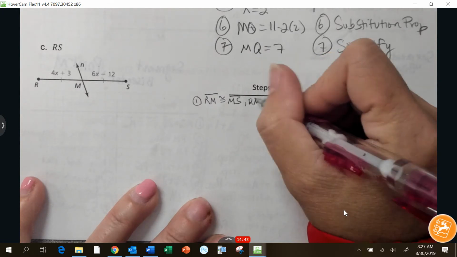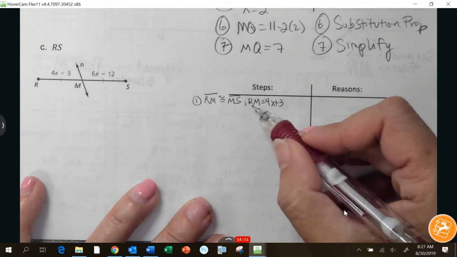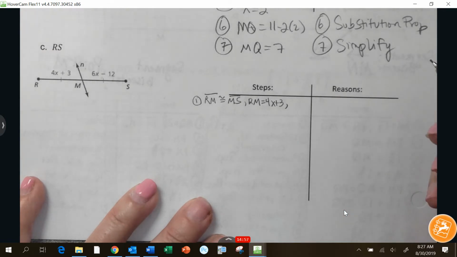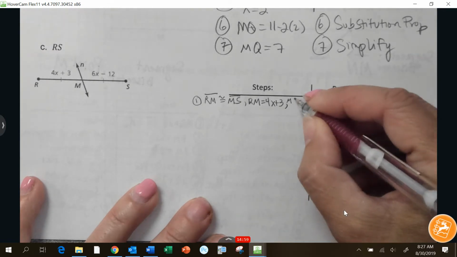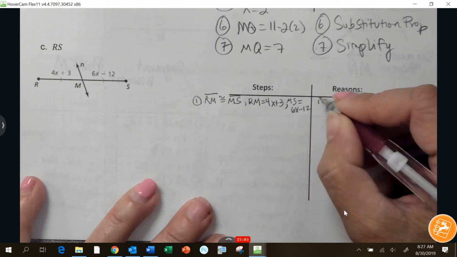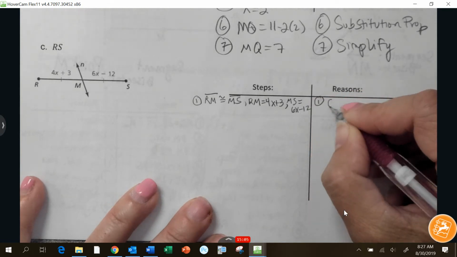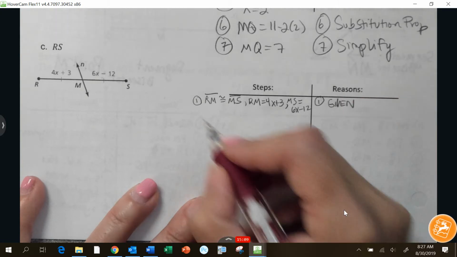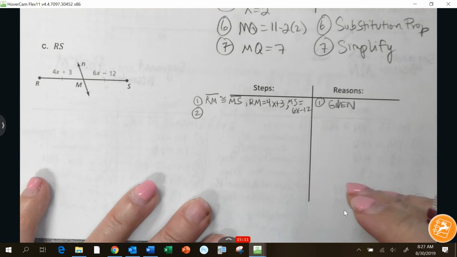Okay, but I'm not going to write it as segment RM. I'm going to write it as distance or length of RM without the little symbol, right? And then NS is equal to 6x minus 12. Perfect. And the reason? Given. The easiest one. Remember, volunteer early.